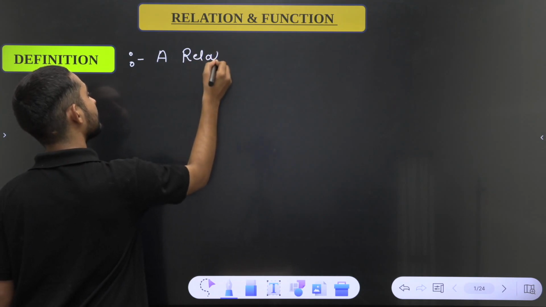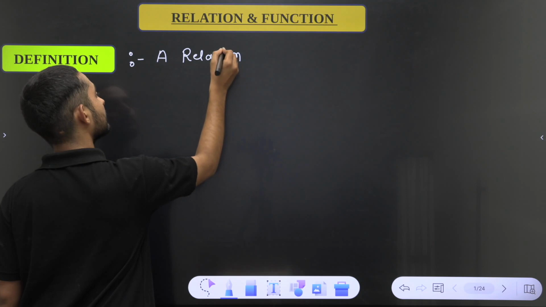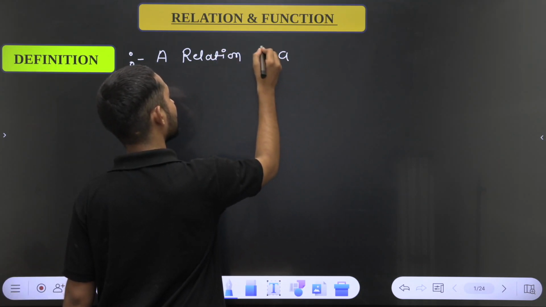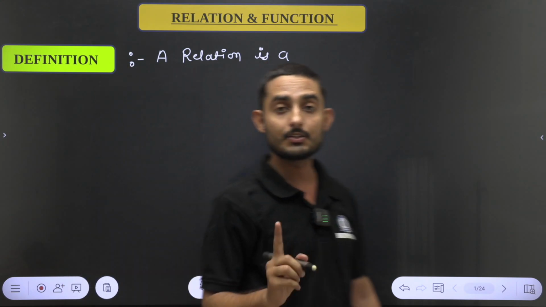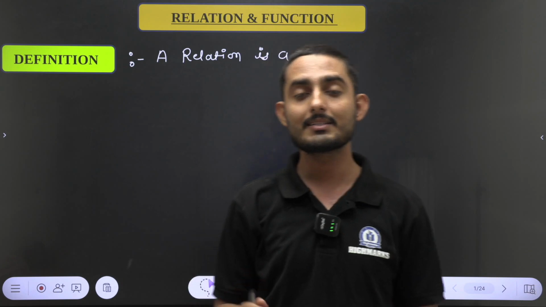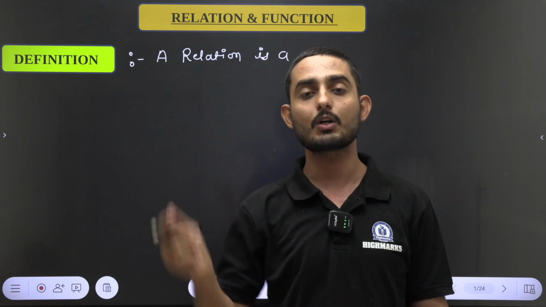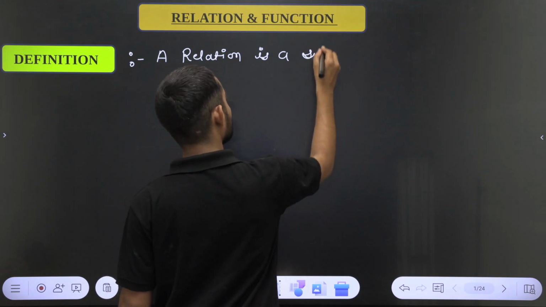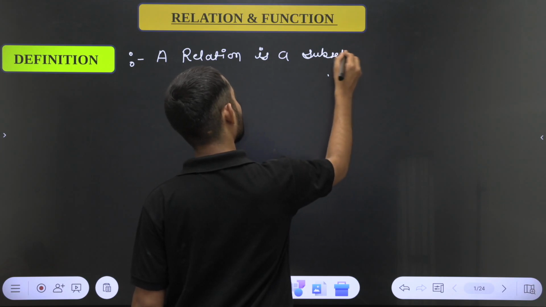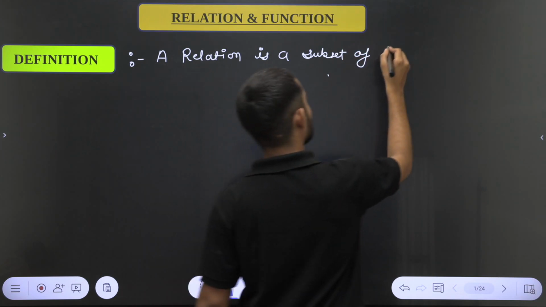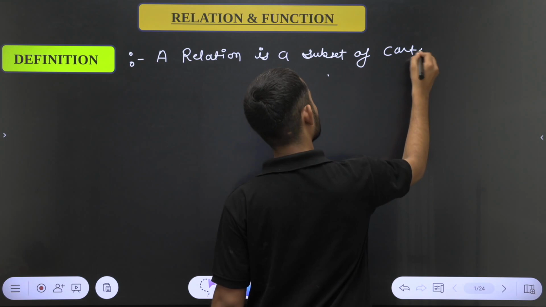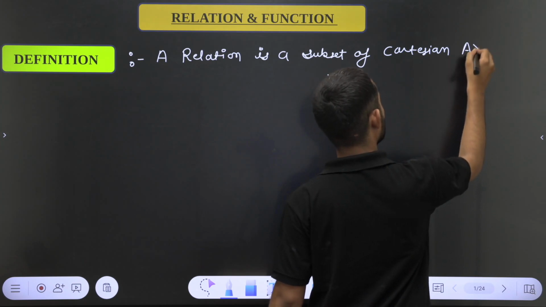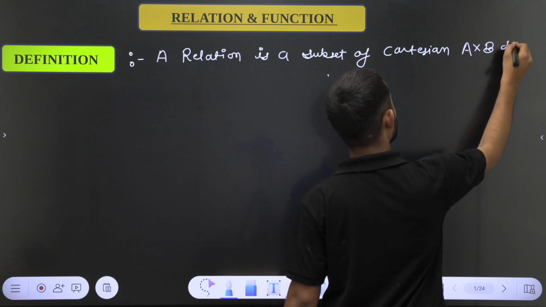So the definition of relation: a relation is a subset of the Cartesian product A cross B, defined by any rule.